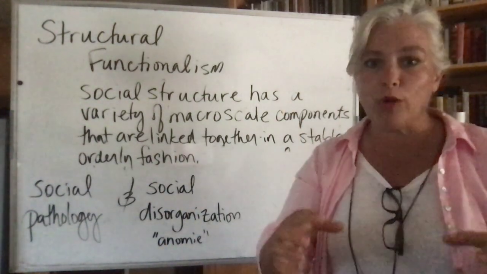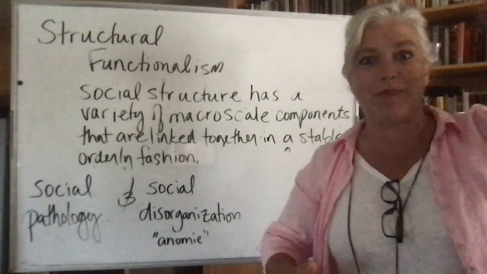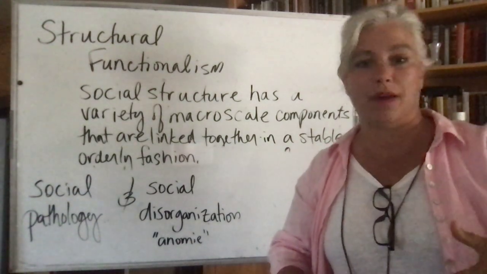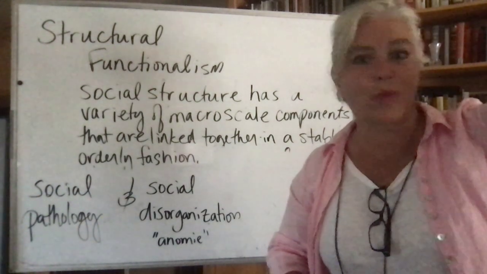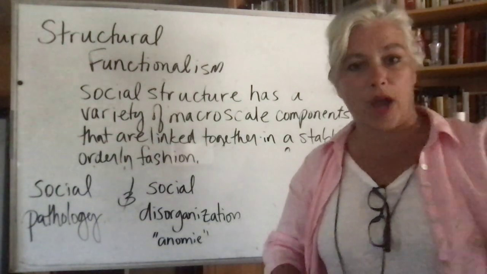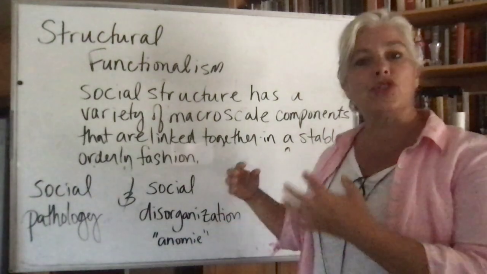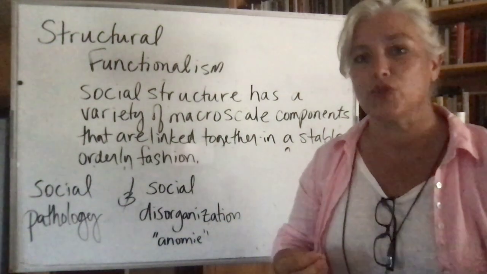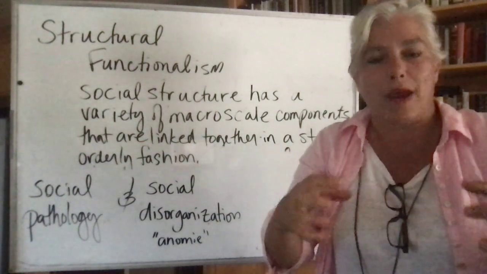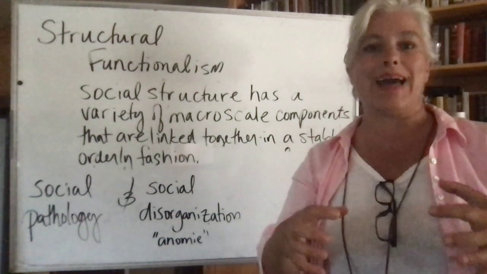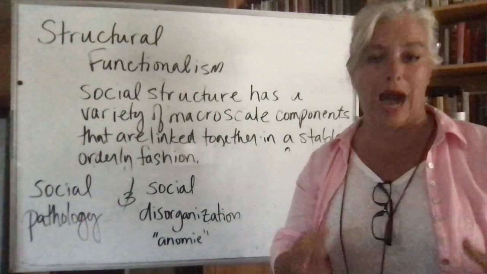Some of them are load-bearing walls, meaning they hold up the floor above them, or the air conditioner ductwork, or the ceiling, or something heavy above. So the social institutions regarding social structure are those load-bearing walls. They keep society stable over time.